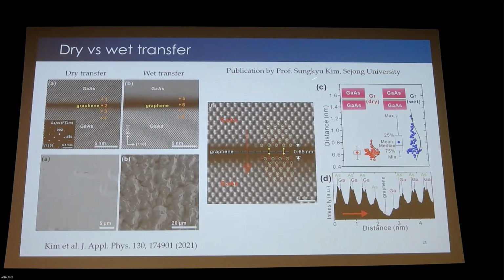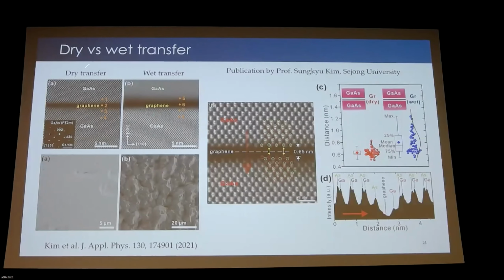Professor Hyun Kim at Sejong University also did a very nice study showing the differences between dry transfer and wet transfer. He found that if you do a dry transfer technique, the graphene layer is actually more closely attached to the substrate compared to wet transfer graphene. So if you look at the TEM images here, this is the dry transfer gallium arsenide on gallium arsenide TEM image, and this is for wet transfer graphene, gallium arsenide growth.